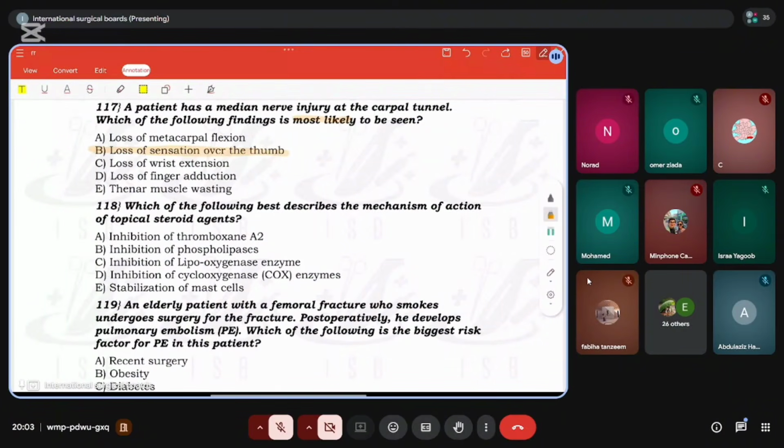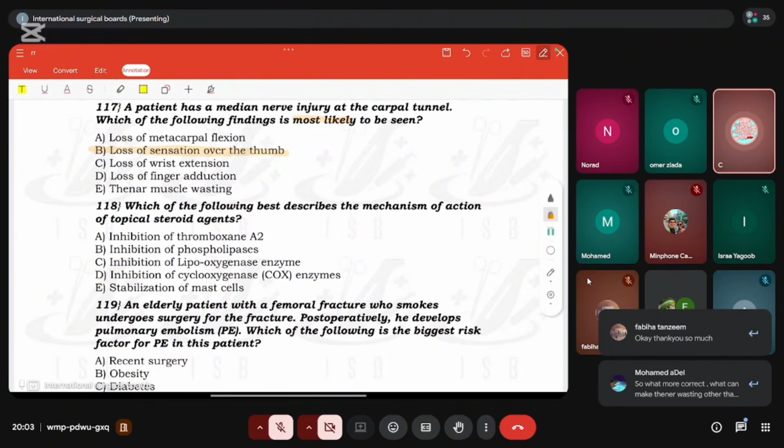For example, if it said loss of sensation over the dorsal surface of the thumb, it would be wrong, that would be radial nerve. So it is not a wrong statement if they tell you loss of sensation over the thumb. Median nerve injury can cause that. I agree, it's palmar surface only of the thumb, but it is over the thumb as well. It's not a wrong statement. If they had specified, I would have agreed. Okay. All right. Let's see the next one.